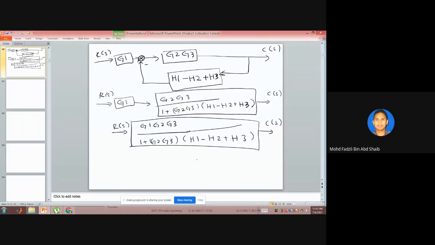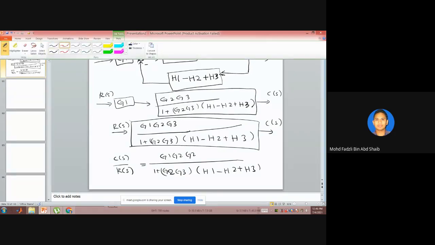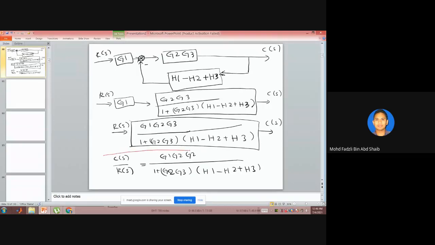So now C(s) over R(s) becomes G1, G2, G3 over 1 plus G2, G3 times H1 minus H2 plus H3. Okay, this is the answer, okay?